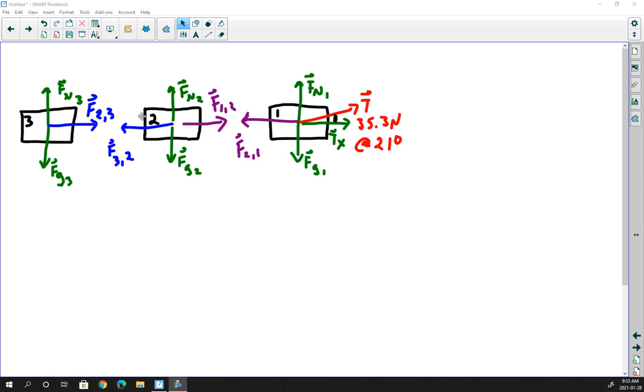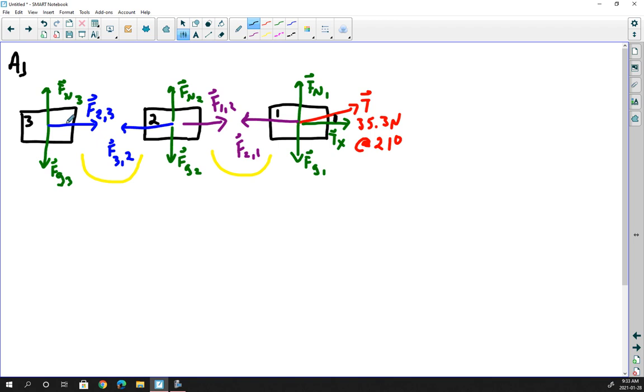So the next part we're being asked to calculate is this Newton's third law pair force and this Newton's third law pair force. Well, it's a dynamics problem, right? So as we continue our analysis here for the other required quantities, we're going to do F net equals ma on each of them.